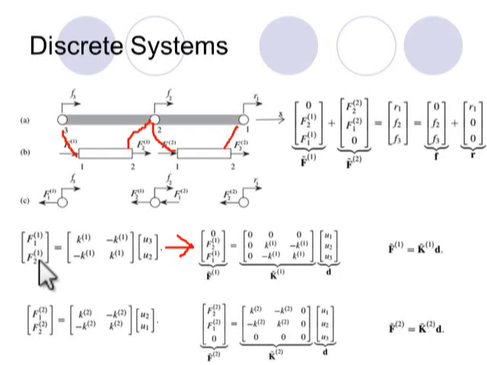So I can write it like this. I just change the places of the equations because if I do this matrix vector multiplication, I will obtain the relationship between the force and the displacement, and I write it like this.